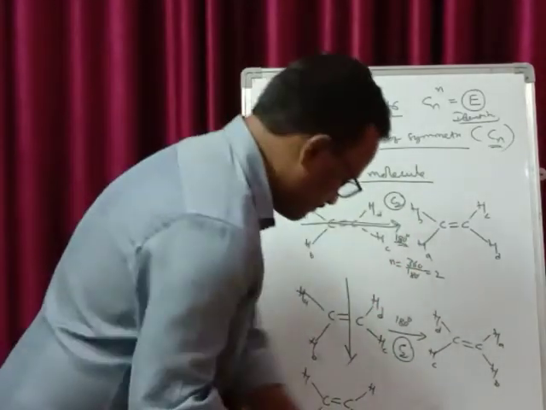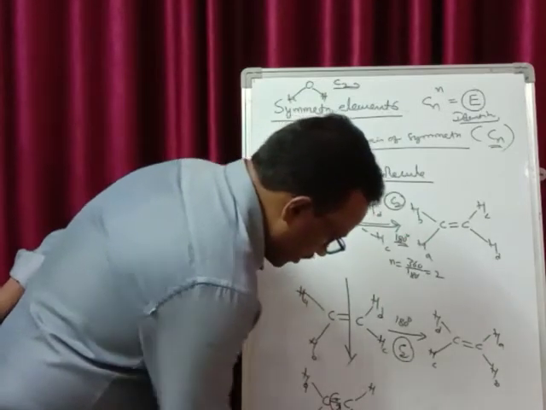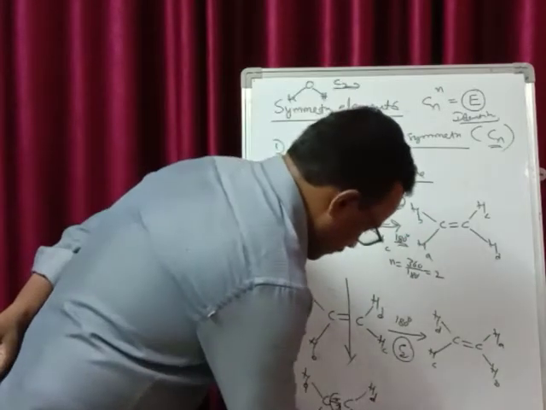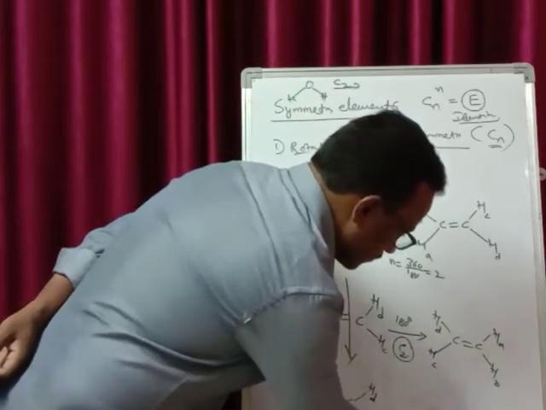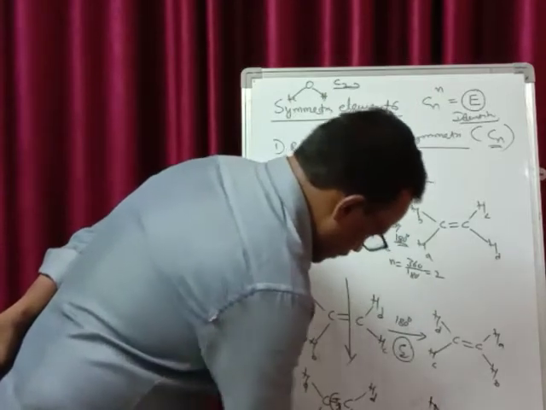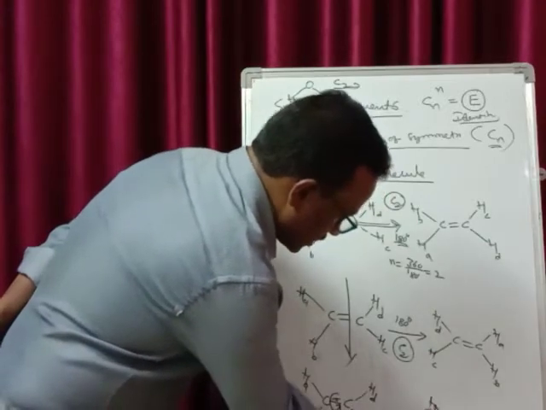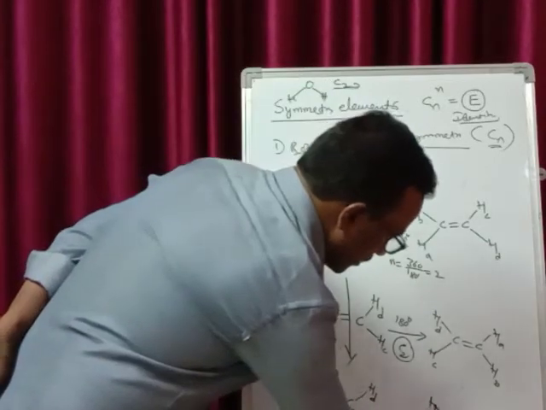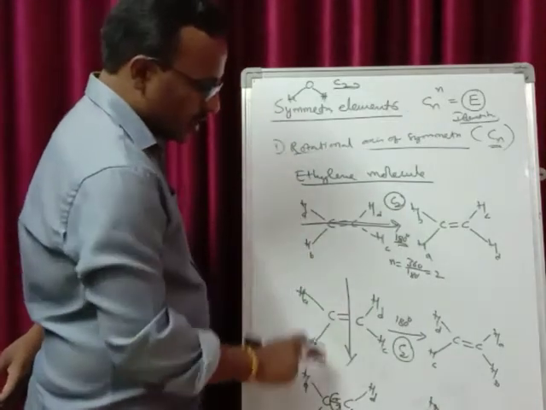So A, B, C, D. On rotation, these two groups, HD comes here, HC will be here, HA will be going here, and HB will be coming here. So therefore 3 C2s.